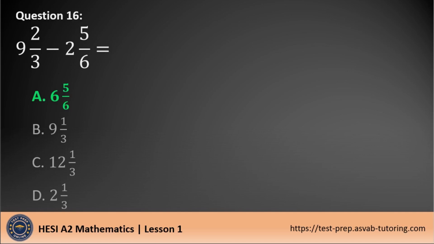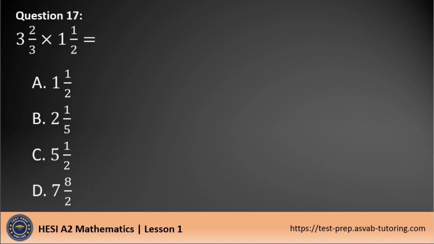So let's come to question number 17. So here we will simplify the numbers, like 3 times 3 equals 9, plus 2 equals 11 divided by 3. Multiply with 2 times 1 equals 2, plus 1 is 3 divided by 2.